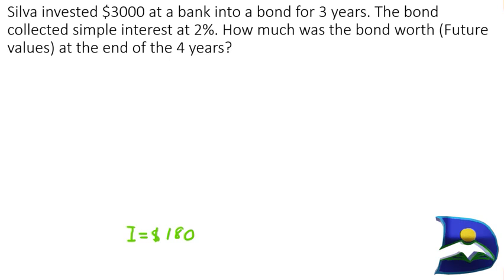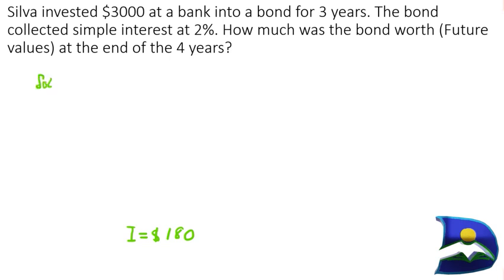So that should be your interest as your answer. But how can you determine that interest to be 180? I'll give you a few minutes, try to use simple interest calculations and find the interest, and once you've solved it, play the video again, and then you will see the solution.